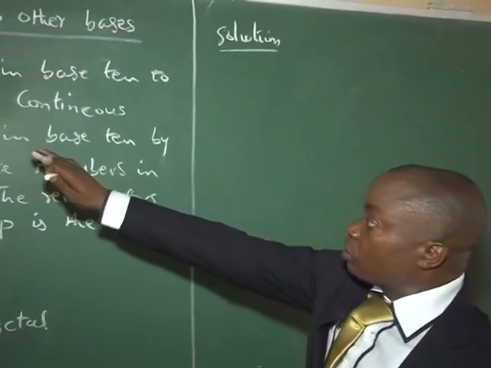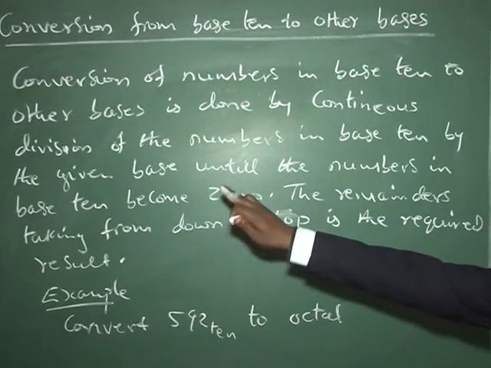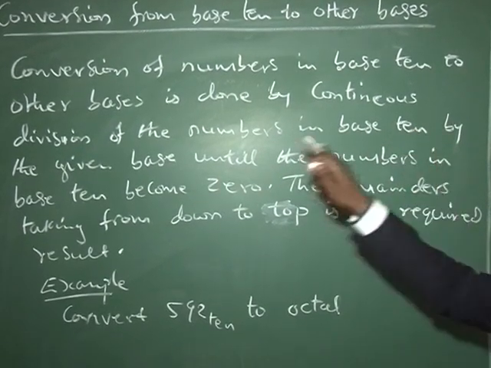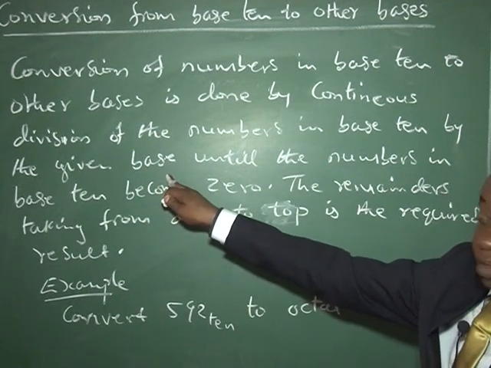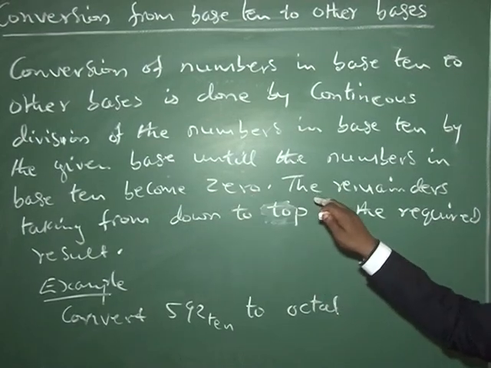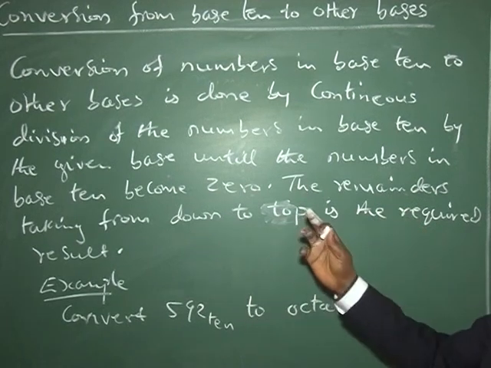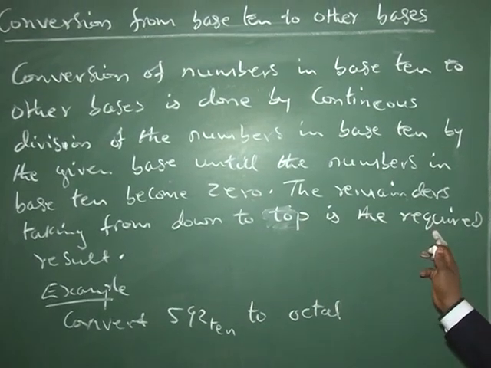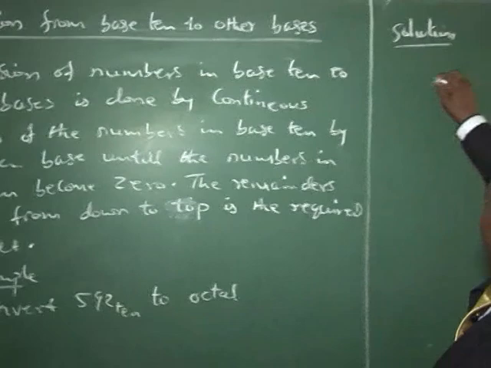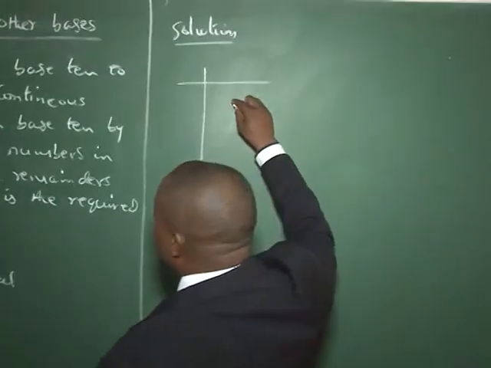We have said that conversion of numbers in base 10 to other bases is done by continuous division of the numbers in base 10 by the given base until the numbers in base 10 become 0. Then the remainders taken from down to up, to the top, is the required result. So we are going to apply that by taking this continuous division.